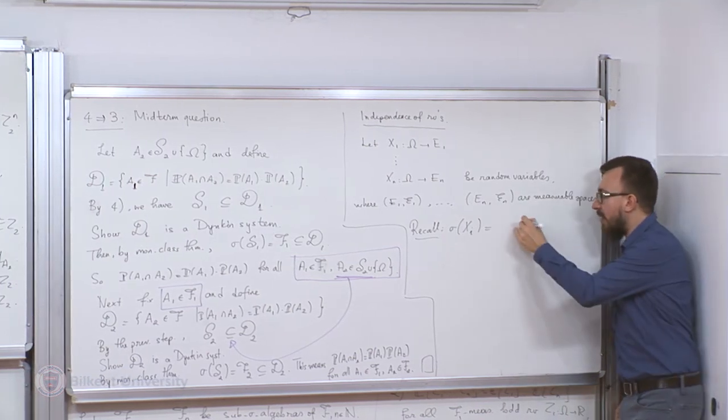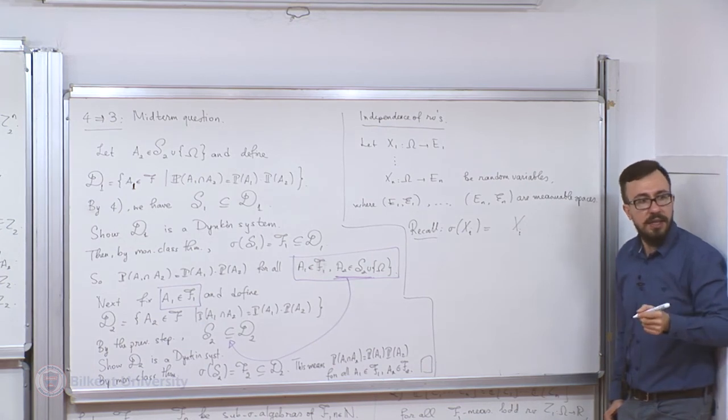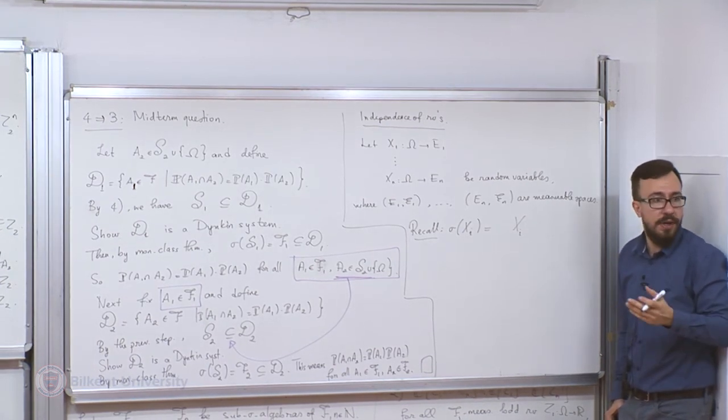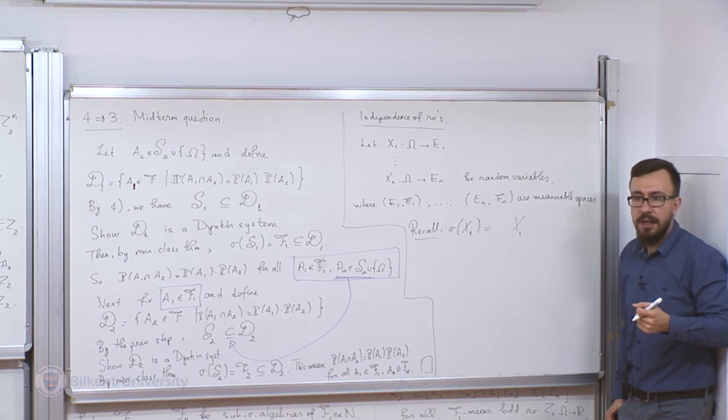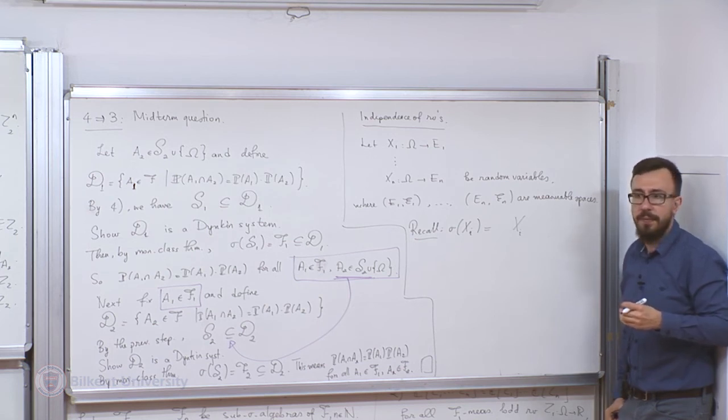So if I have my random variable Xi, remember the events that we look at when we define the distribution of Xi, right? Can you tell the form of such an event about Xi? A generic form? Xi takes a value or something.